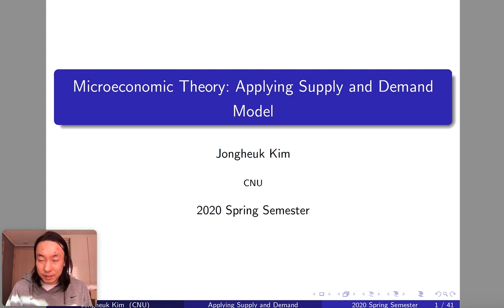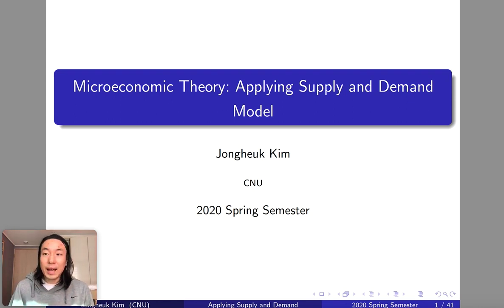Okay, so this chapter is all about elasticity, in Korean 탄력성. Elasticity is a kind of sensitivity of the supply and demand curve to exogenous changes like price changes, income changes, or any other factor changes. Your quantity demanded or quantity supplied will change if there are changes in your environment, like the price of that good changes, the price of your complementary good changes, your income changes, or technology changes.